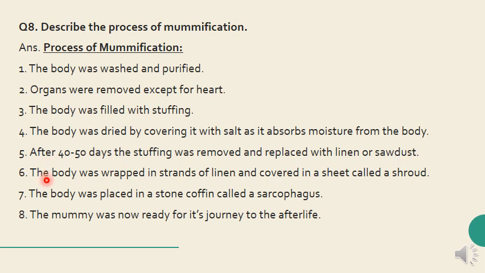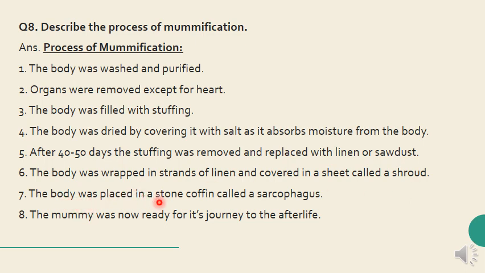6. The body was wrapped in strands of linen and covered in a sheet called a shroud. It means thick lengths of linen covered the body properly, and after that a sheet called a shroud. 7.